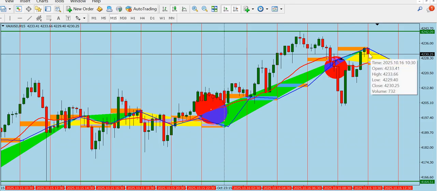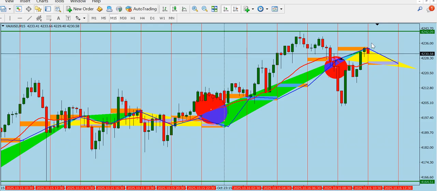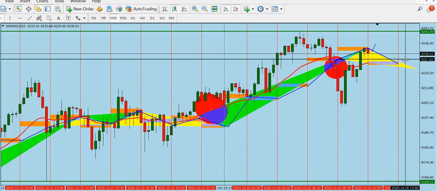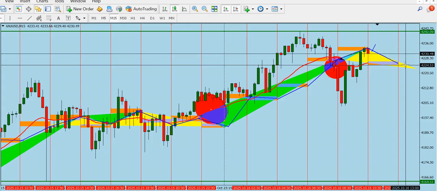But for now, price is in a range, between the rectangle, within the diagonal lines, and between the support, this resistance and this support. So until we see a break above everything or a break below everything around here, we don't take a position.